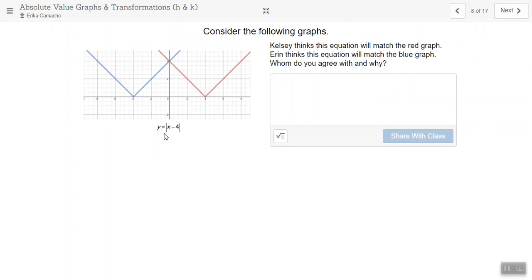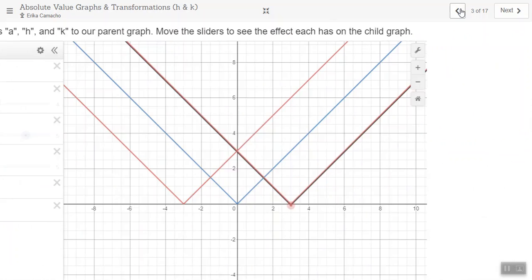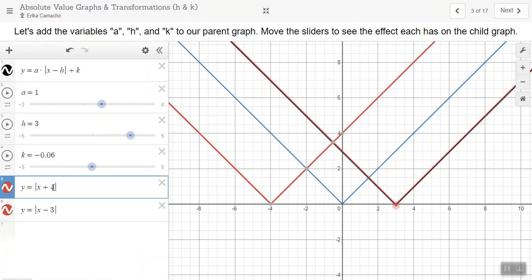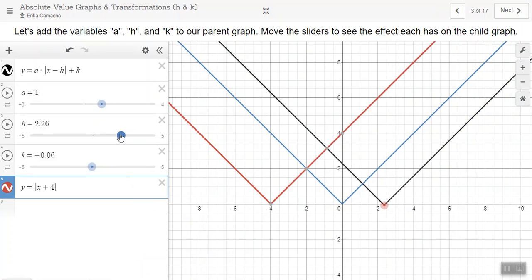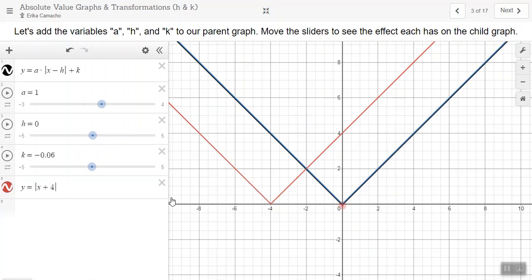effect it has. On this one here, if you're not sure which graph is correct, you can go back to any of these. Probably the best one is this one, and you can simply type that function in and see what effect, I'm going to move this one back, what effect that had.